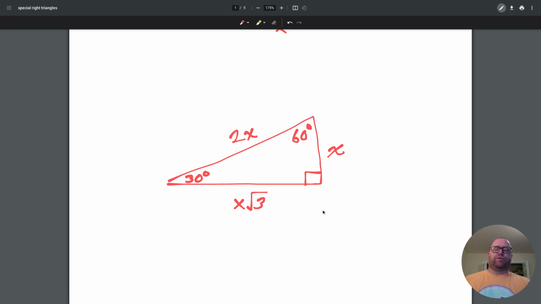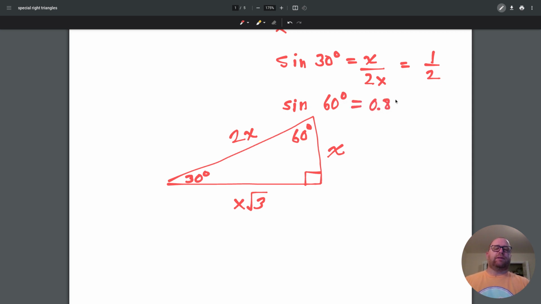Okay, so let's think about why that is. Well, the sine of 30 degrees, if you plug that into a calculator, is going to be 0.5, or 1/2. So it does make sense that if we have x divided by 2x, we get our 1/2. The sine of 60 degrees, if you plug it into a calculator, is approximately 0.866.